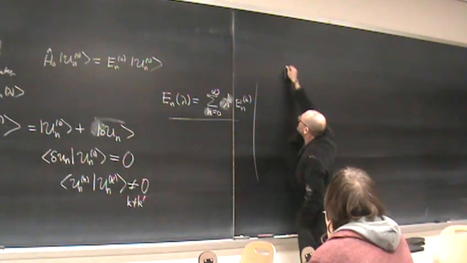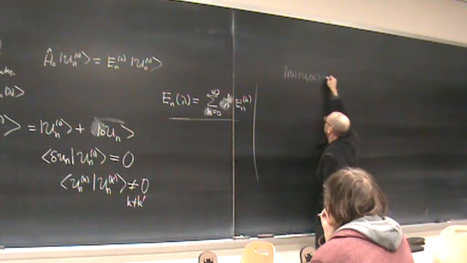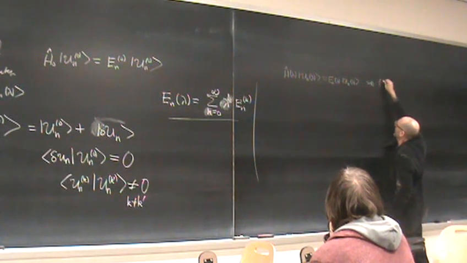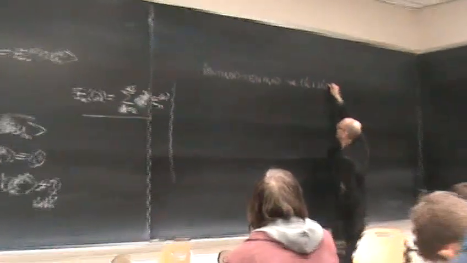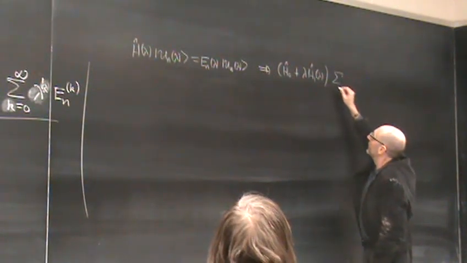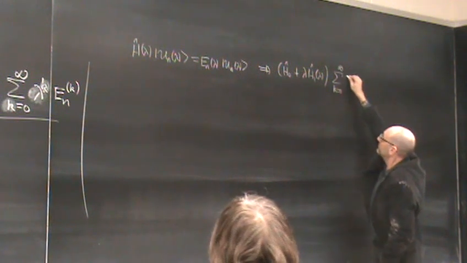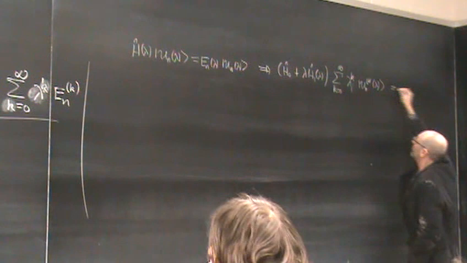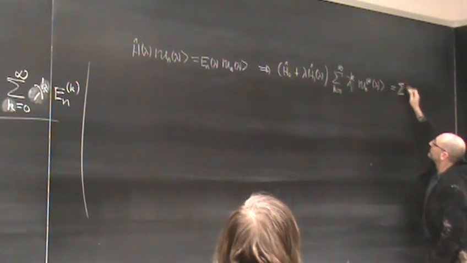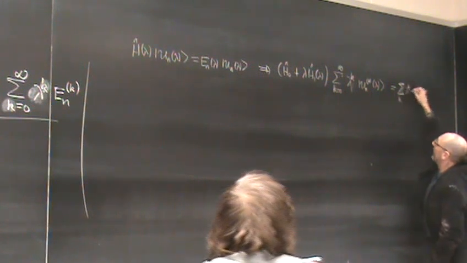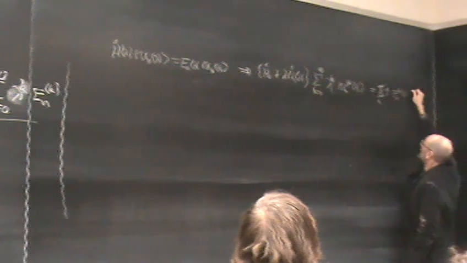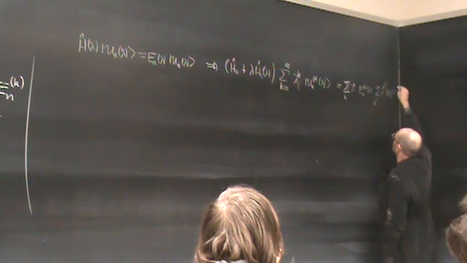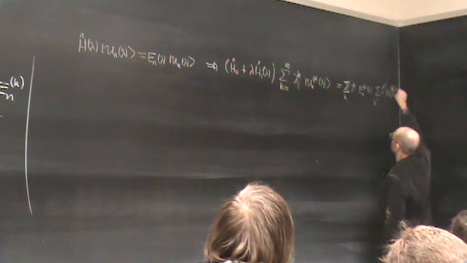So that tells me H of lambda on u_n is E_n of lambda on u_n of lambda, which implies that H0 plus lambda H1, that's my Hamiltonian, acting on the sum, k equals 0 to infinity, lambda to the power k, u_nk of lambda, is equal to the sum over k prime of E_nk of lambda times lambda to the k prime, u_nk prime. Okay, just plugging it into those.